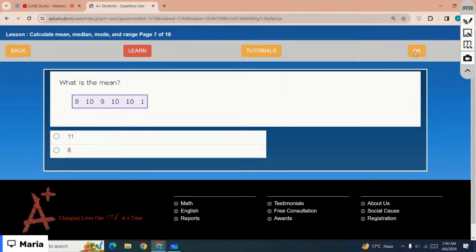So 10, 10, 20, 30, 40, 48 it is. You have to divide it by 6 because there are 6 numbers. So 6 times 8 is 48. The correct option is 8.